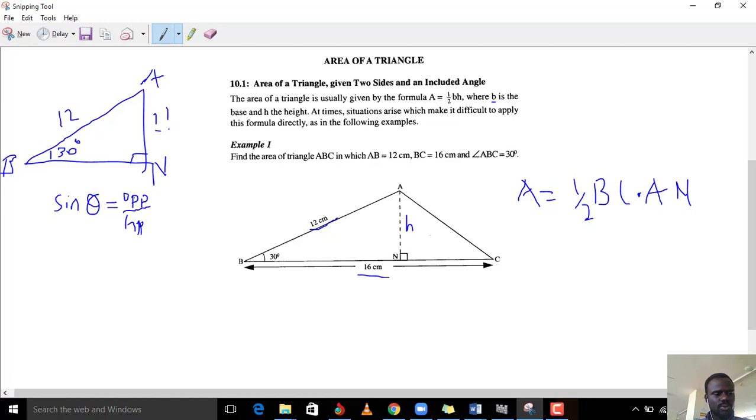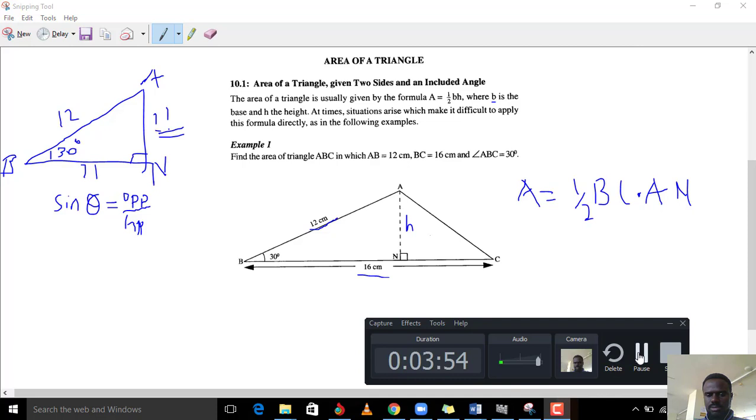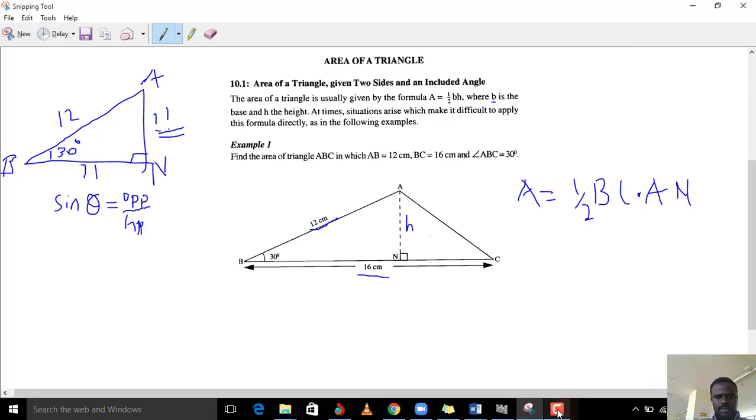So what is the opposite in this particular triangle? The opposite is the height. The hypotenuse is AB, and the base is this side. Now, let us find the opposite, which is AN.